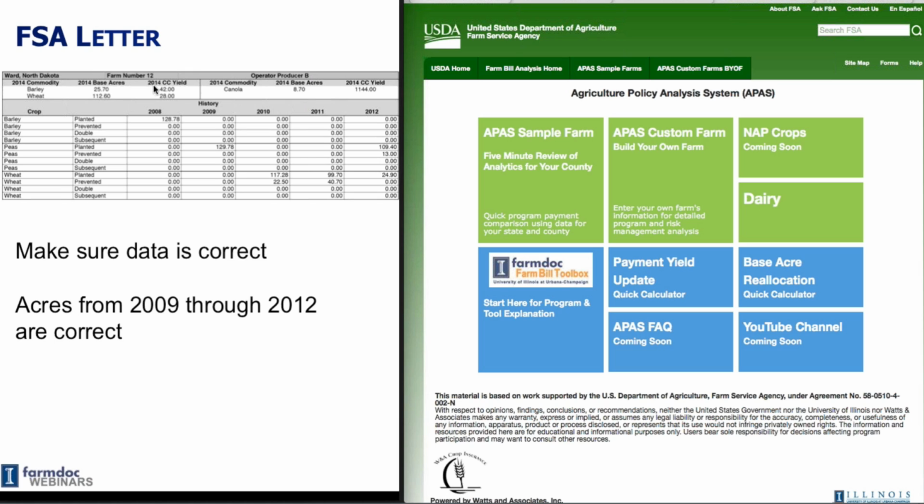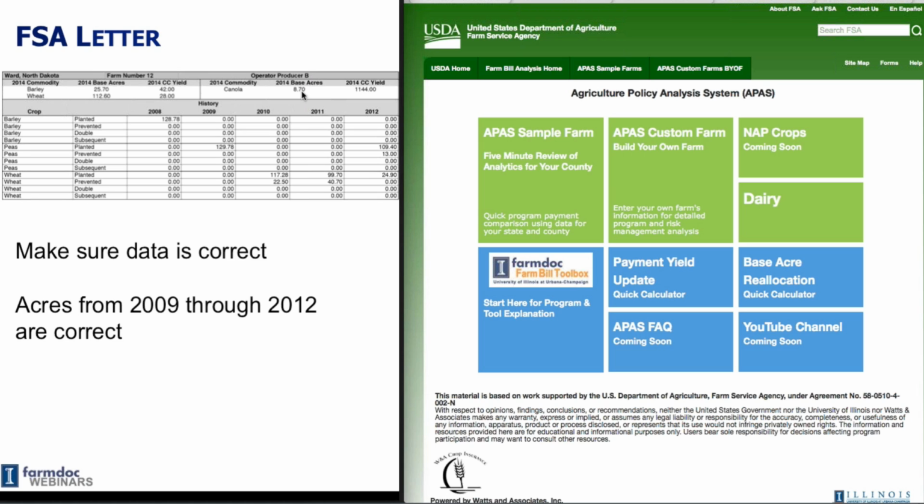But these are the 3 program crops on that farm. 2014 base acres are the current allocation of base acres by crop. In this example, it's 25.7 acres of barley, 12.6 acres of wheat, and 8.7 base acres of canola. Add those up, and that will be the total base acres on your farm.